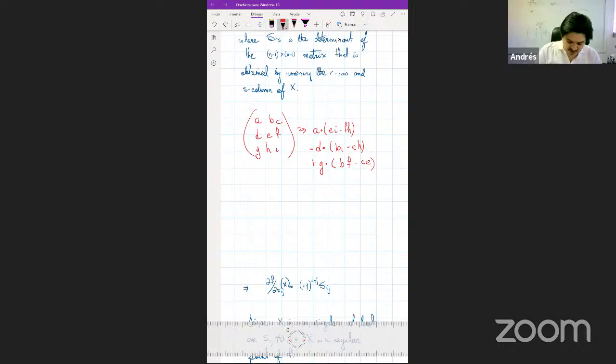Now, let's use the fact that X is non-singular. X being non-singular means, I don't remember if it's if and only if. Maybe if we put it like this.